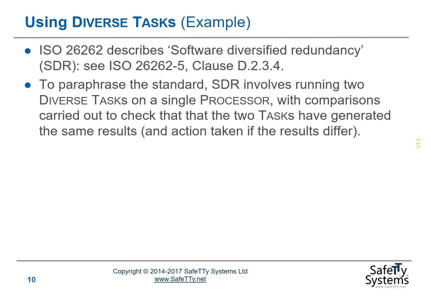If you've got access to the standard, please take a look at ISO 26262 Part 5, Clause D.2.3.4. To paraphrase the standard, software diversified redundancy involves running two diverse tasks on a single processor, with comparisons carried out to check that the two tasks have generated the same results and action taken if the results differ.